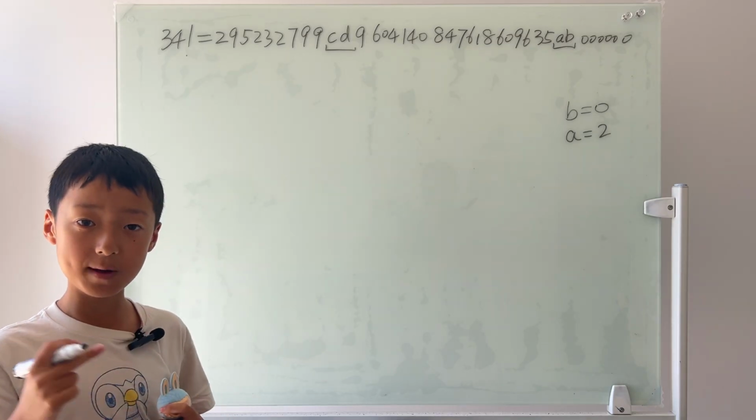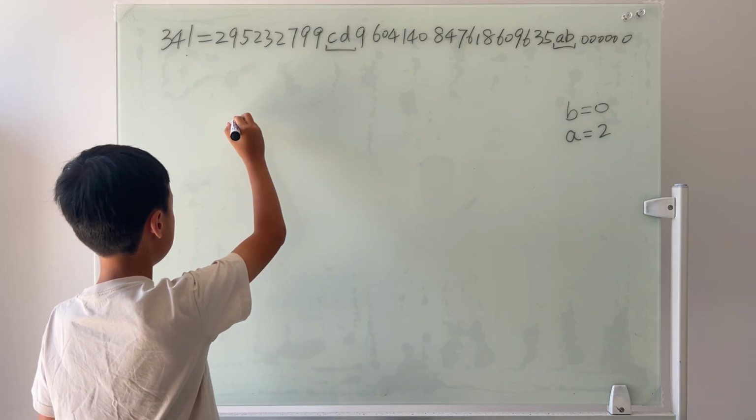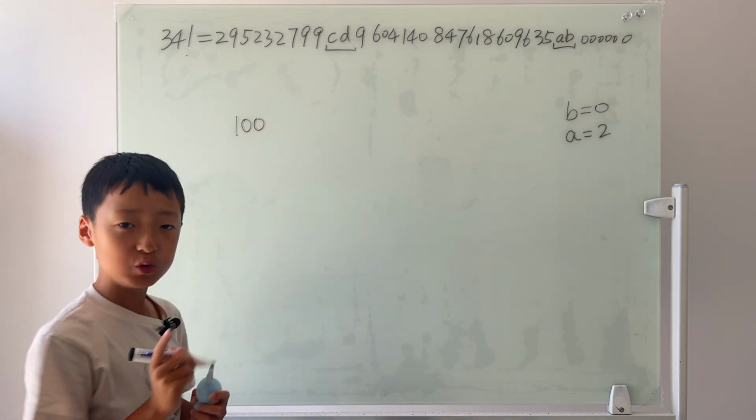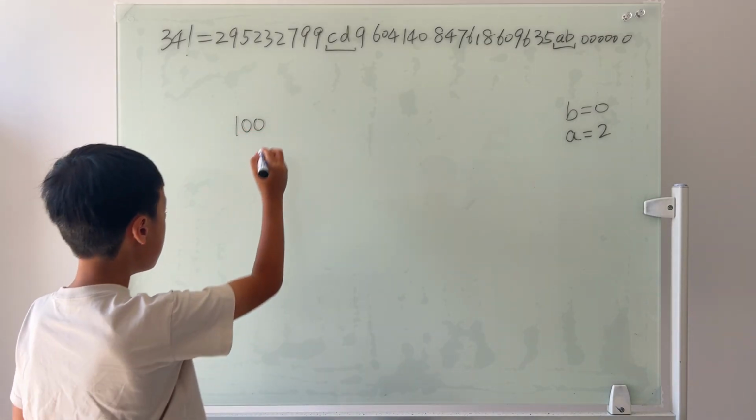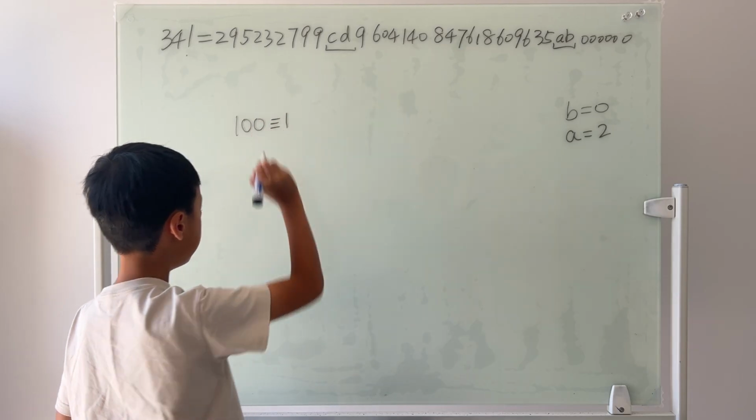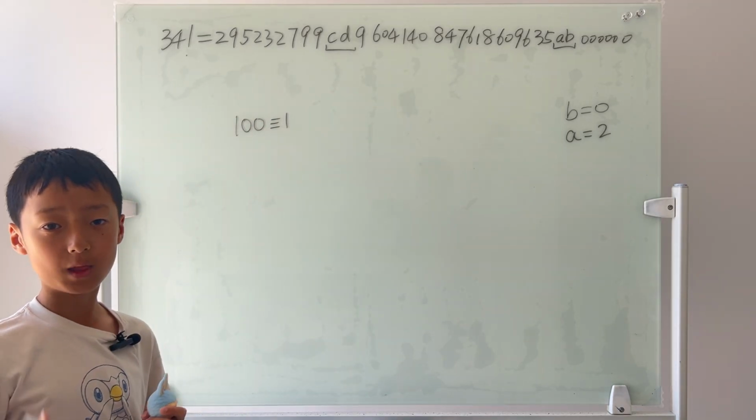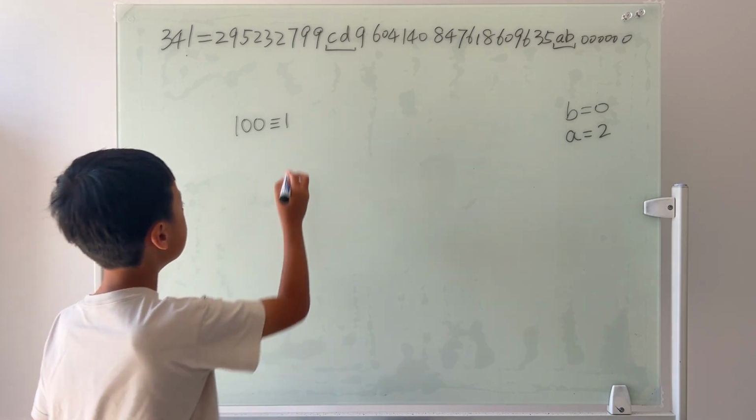So 10 to the power of 2 is equal to 100. And we like congruent to 1, right? So this is congruent to 1. What's the easiest one? Mod 99.